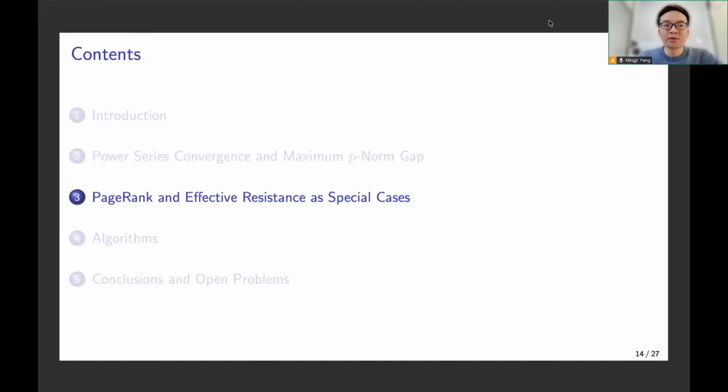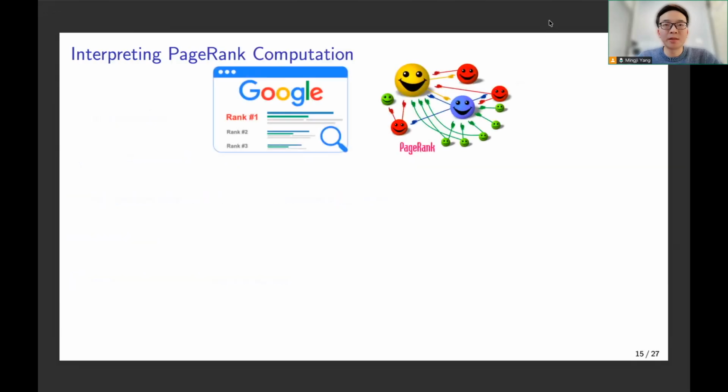Okay, now let me introduce two special cases of solving RDD or CDD systems, that is, computing PageRank and effective resistance on graphs. So speaking of PageRank, it is Google's celebrated algorithm originally proposed for ranking the websites according to their importance.